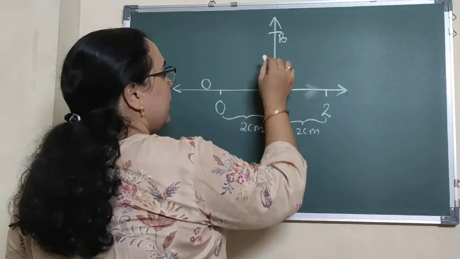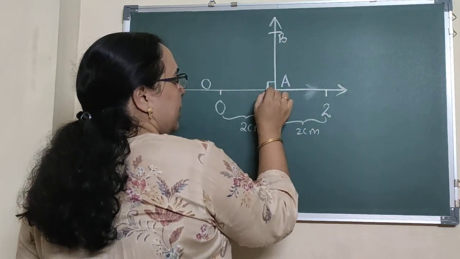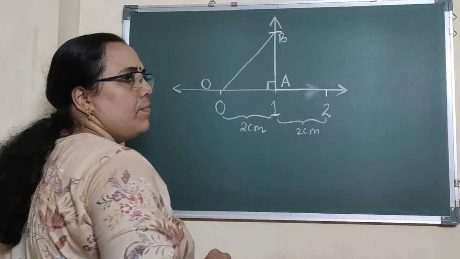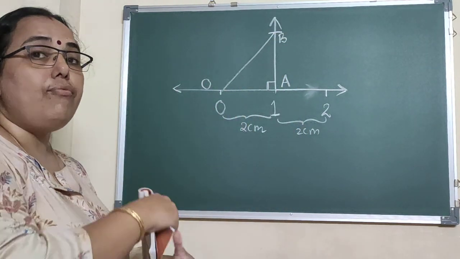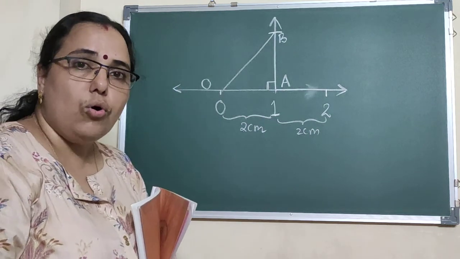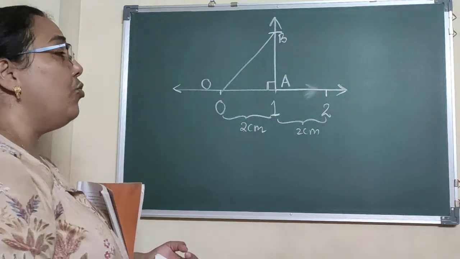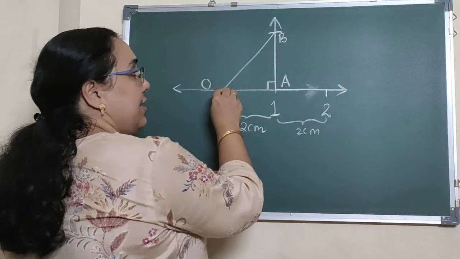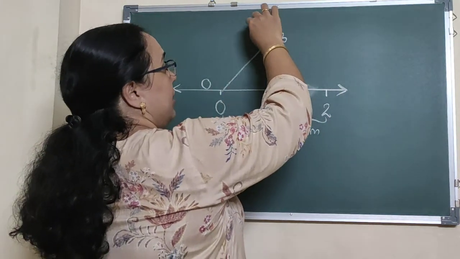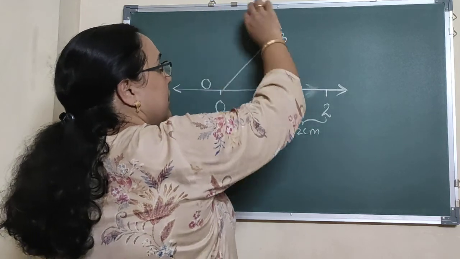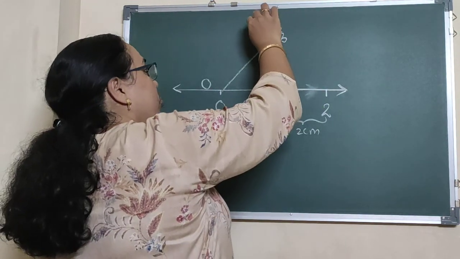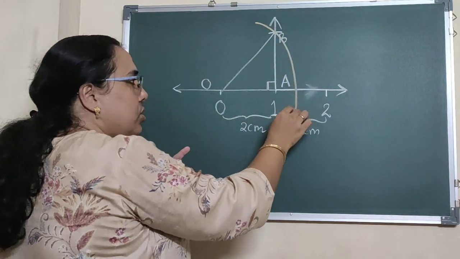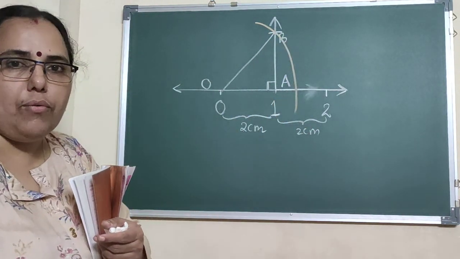Now, after doing that, I hope you can see a right angle triangle. Then I join OB. Followed. After doing that, taking O as a center and OB as the radius. I repeat, O as a center, OB as the radius. We will draw a circle. And in that process, what happens is when the circle is going, it will touch the number line down.